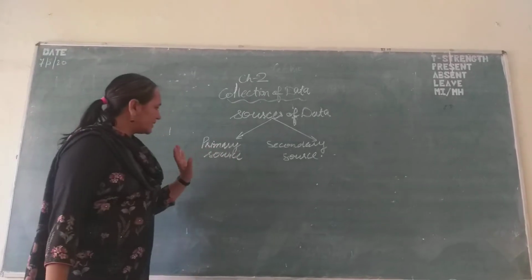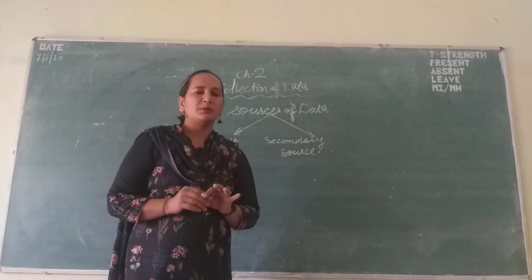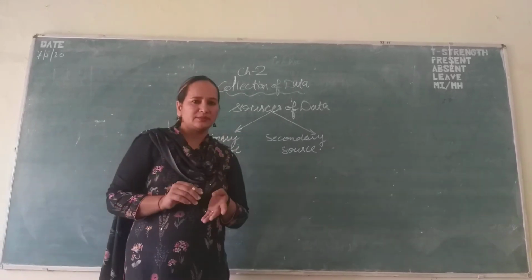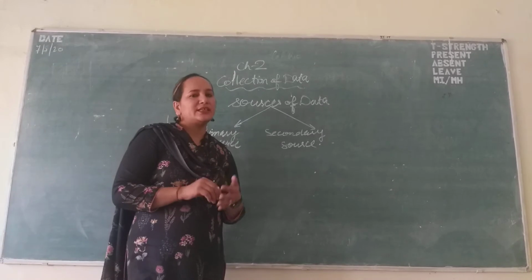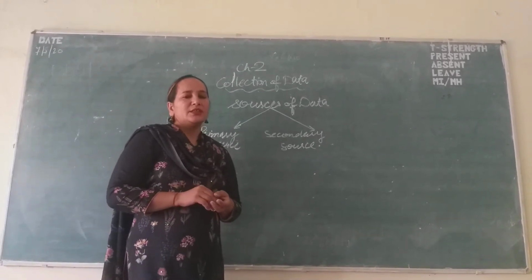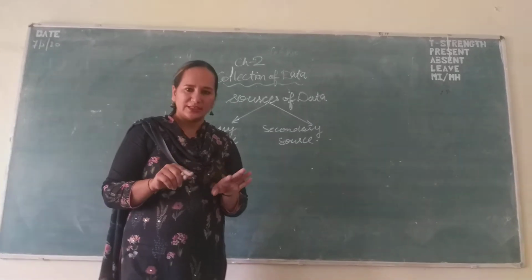Now one more example. I want to know the literacy level of the people in Daksha. If I go house to house and collect that information, then Daksha is my primary source. Clear?